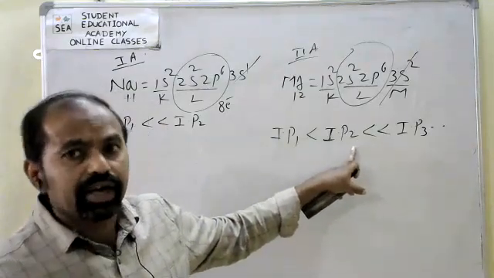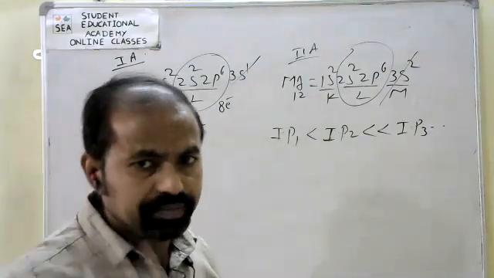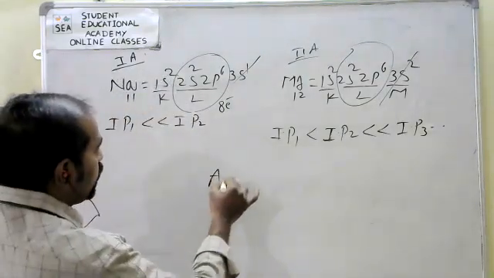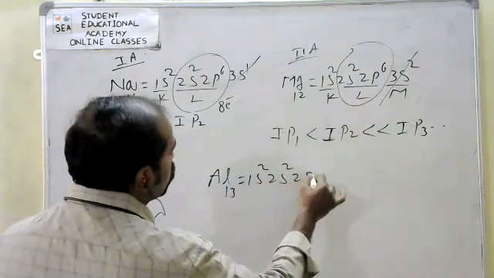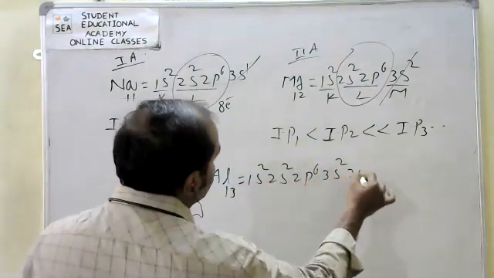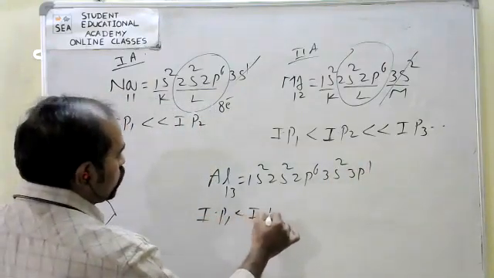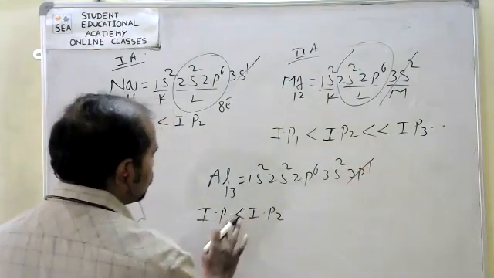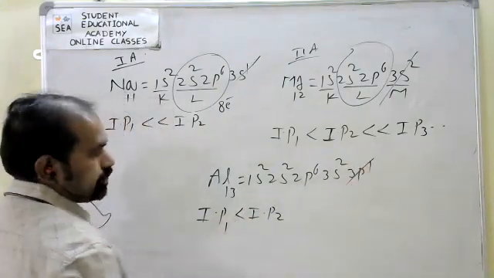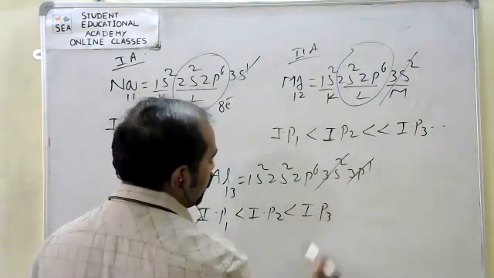We can take the third group element where we observe a sudden jump: aluminum, 1s2, 2s2, 2p6, 3s2, 3p1. Here IP1 is less than IP2, and after that IP2 is less than IP3.